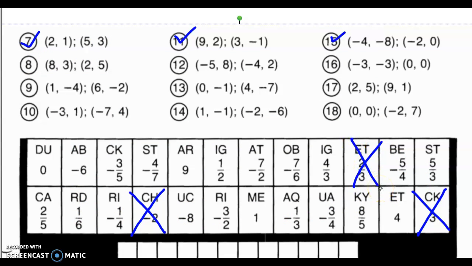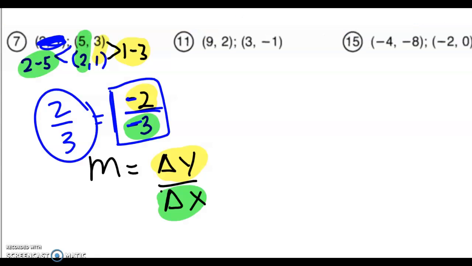All right, let's try number 11. Number 11, so I'm just going to bring down the 9 and the 2 and cross this off now. And now I'm going to find the change. Find the change in y. The change in y. So that's this. So 2 minus negative 1.